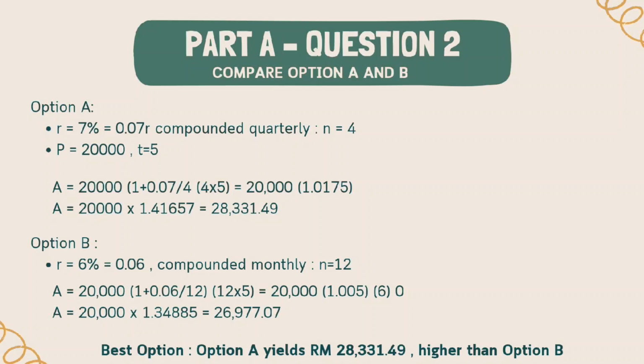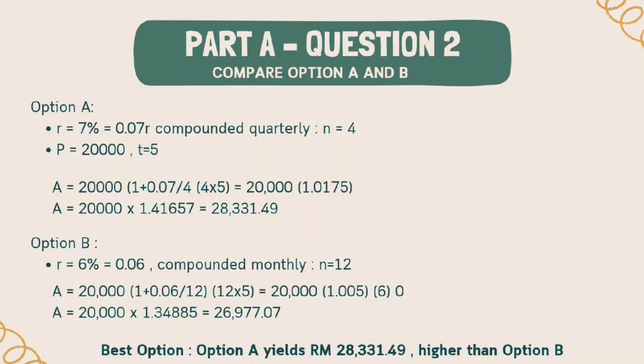So for option A, the rate is 7%, which is 0.07, compounded quarterly, so n equals 4, and the principal is 20,000 with a time of 5 years. We calculate A equals 20,000 times (1 plus 0.07 divided by 4) to the power of 4 times 5, so we get 20,000 times (1.0175)^20, and we proceed to the calculation.